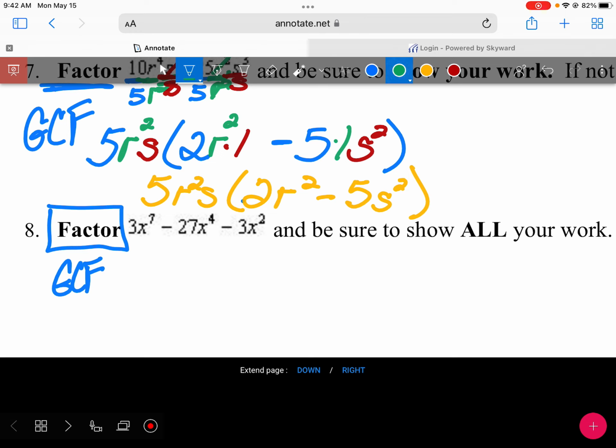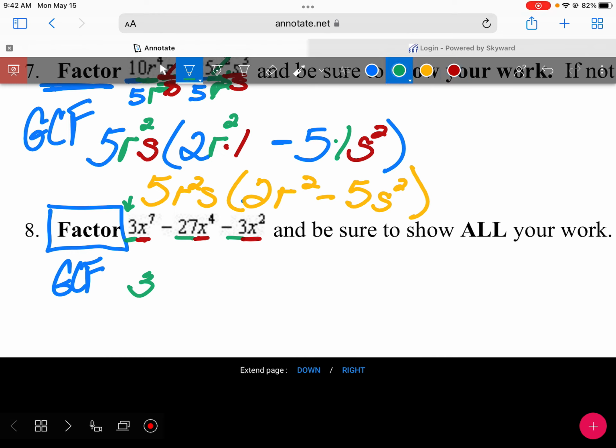Okay, for the numbers, I've got a 3, a negative 27, and a negative 3. Always check the sign in front. It is positive, so 3 can divide into all of those. Now, we've got to look at the x's too. I have an x to the 7th, x to the 4th, and an x squared.